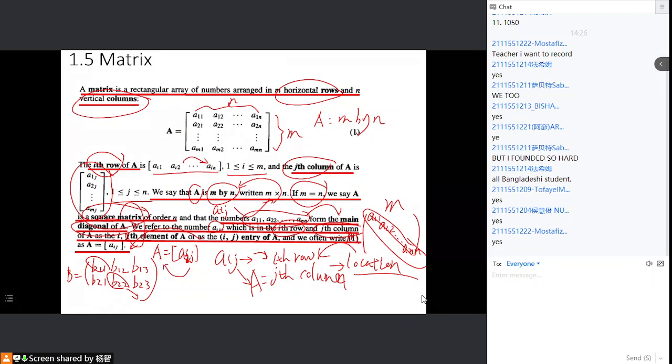It means every element of this matrix is Aij, but we have different i and different j. So sometimes we use this type to express a matrix.